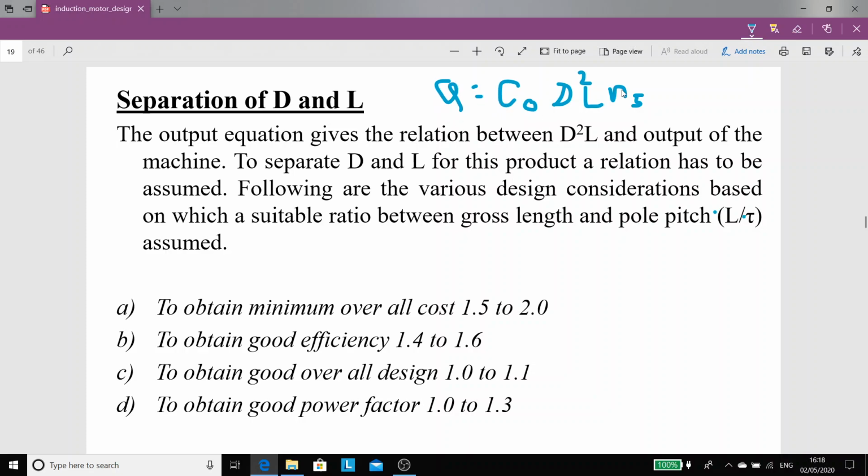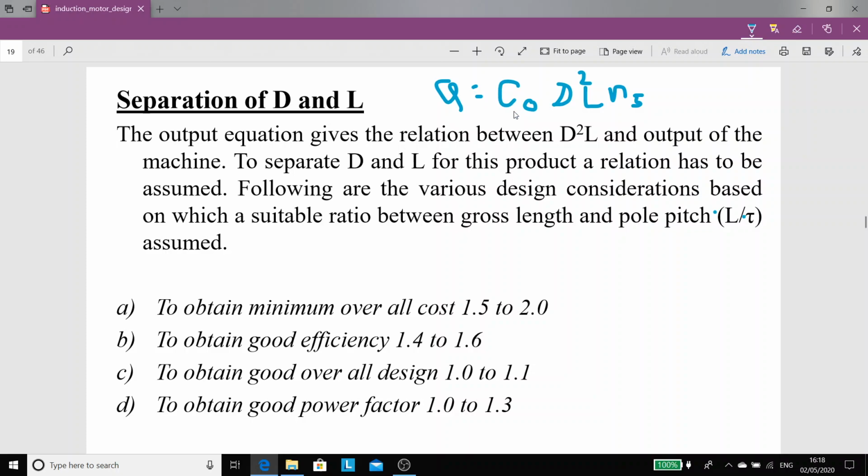Now from this output equation, we can calculate Q from the power rating of our induction motor. If it is given in kilowatts, take it directly, and if it is given in horsepower, convert it into kilowatts by multiplying by 0.746.